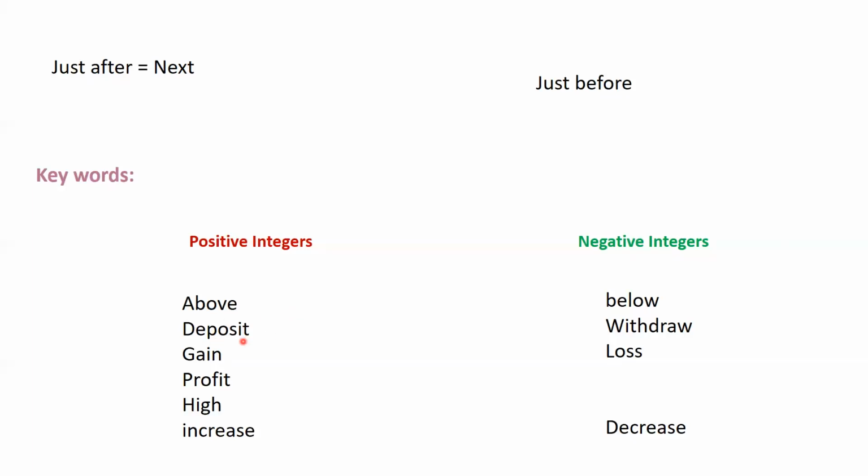The word deposit is positive. Gain, profit, high, increase. All these words are positive integers. The keywords that mean that we will have a negative integer: below, the word withdraw, loss, and decrease.